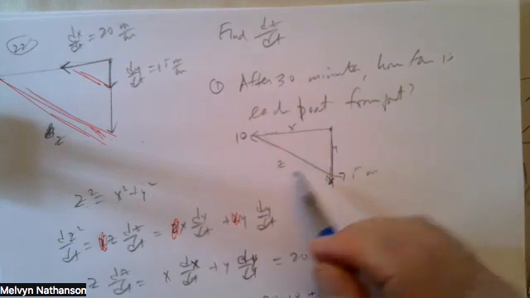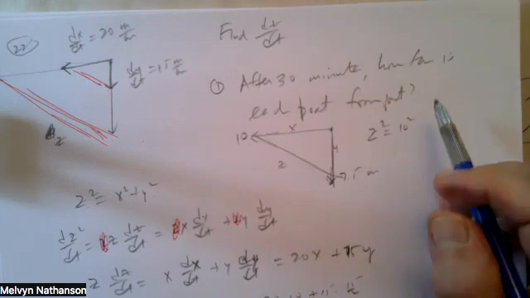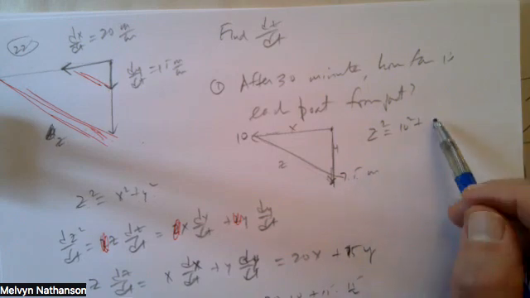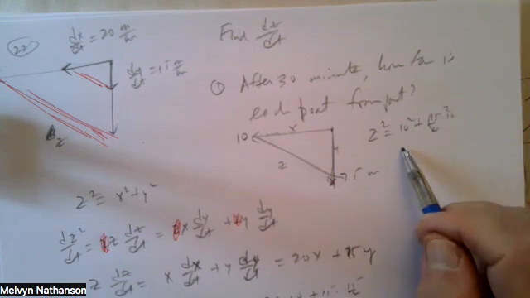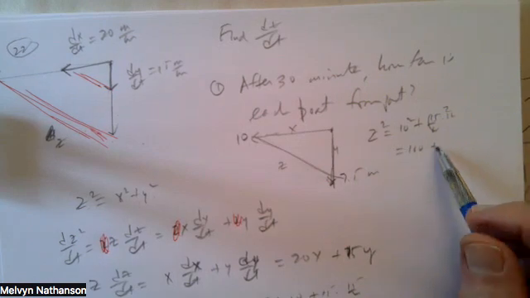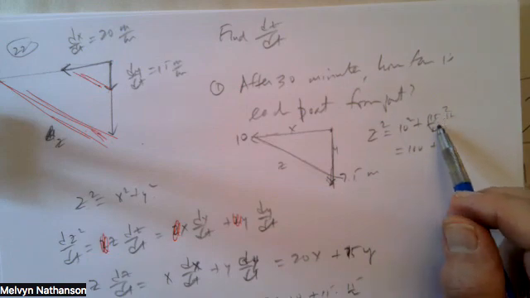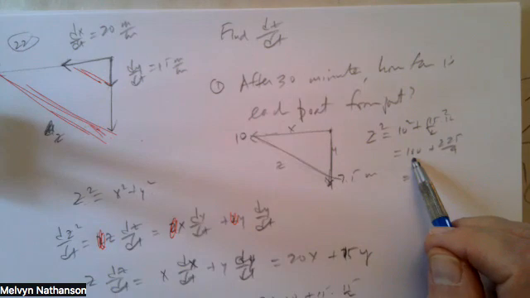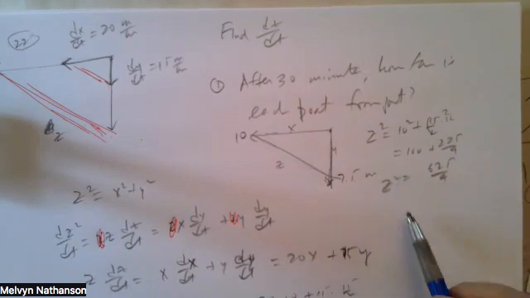What is this distance? So z squared is 10 squared plus 7.5 squared. I'll just use fractions, 15 over 2 squared. So this is 100 plus 225 over 4, which is 625 over 4. That's z squared.